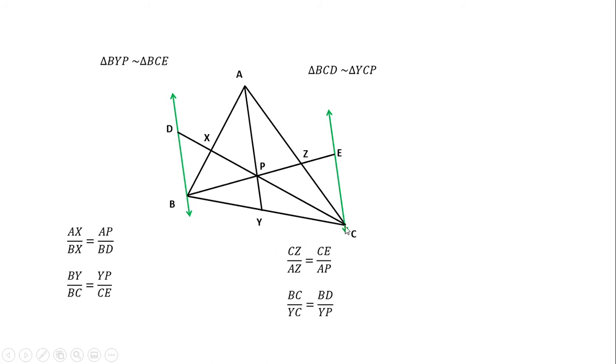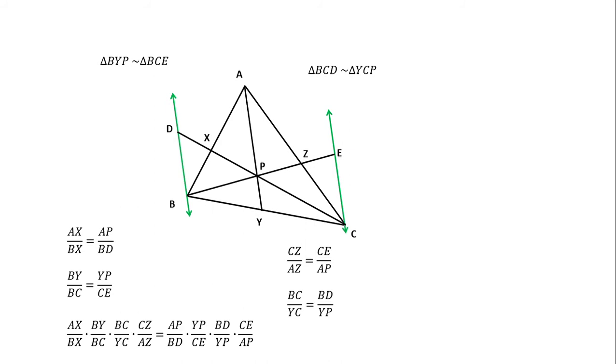So BC is to YC as BD is to YP. Now what we can do is take the left sides of all four of these equations and multiply them together and set them equal to the right sides of these equations multiplied to each other and maintain the equality.